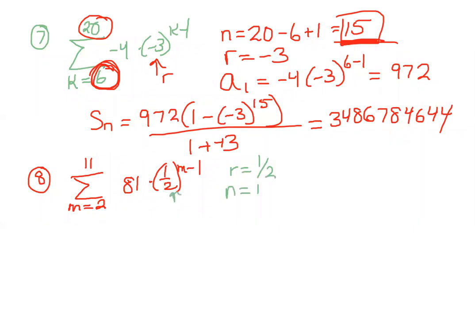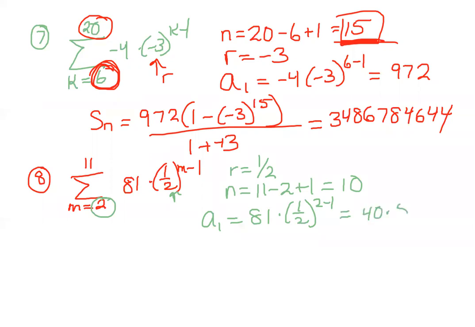N is 11 minus 2 plus 1, which is 10. And our A1 is when m equals 2, so it's going to be 81 times 1/2 to the 2 minus 1, which is 40.5.